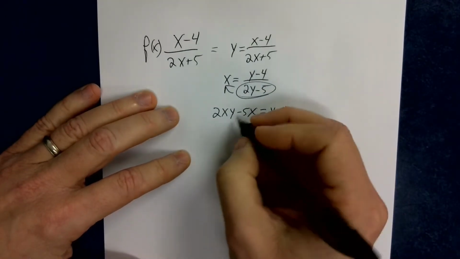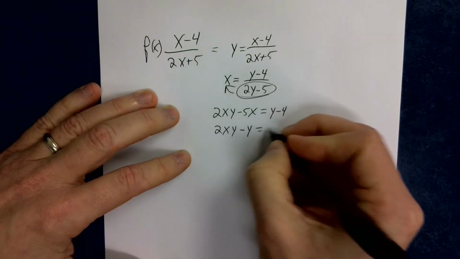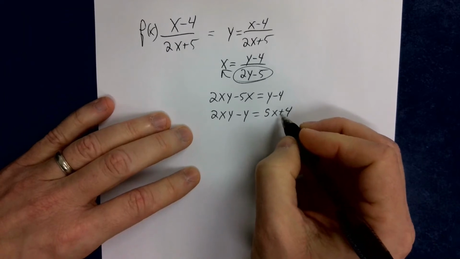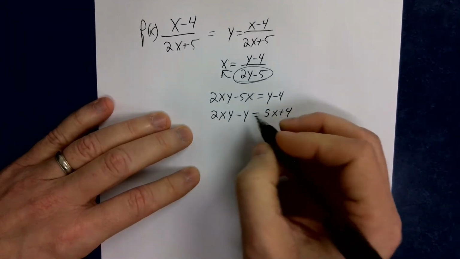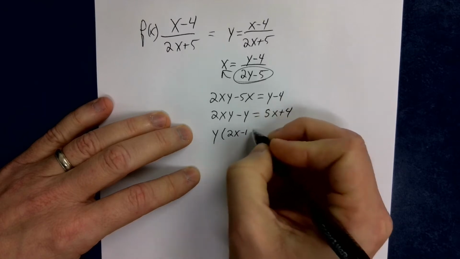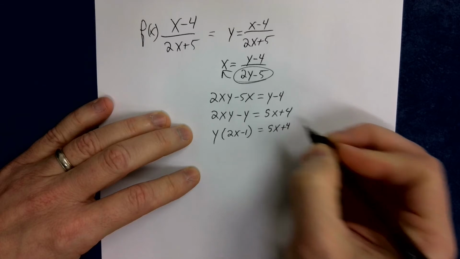And then I move my y over here: 2xy minus y equals 5x plus 4. And then factor the y out: y times 2x minus 1 equals 5x plus 4.